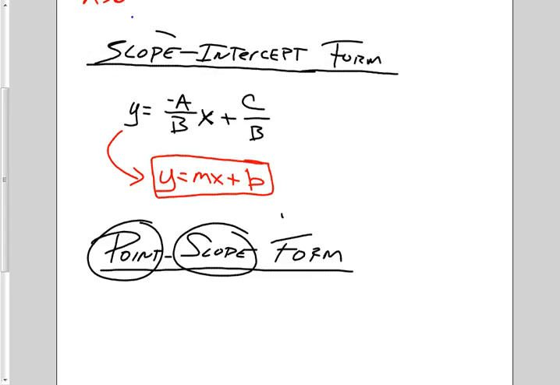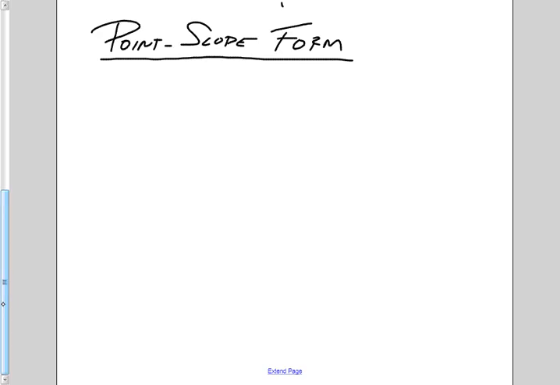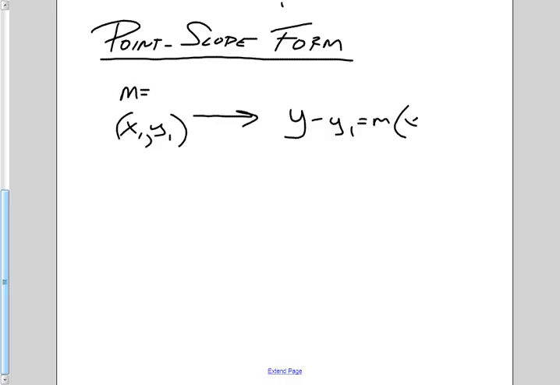One of the hardest things people have, if I have a point and a slope, that looks like this. I'm given m equals some slope, and I'm given a point, x1, y1. And we put this into an equation like this, y minus y1 equals m times x minus x1, like so.